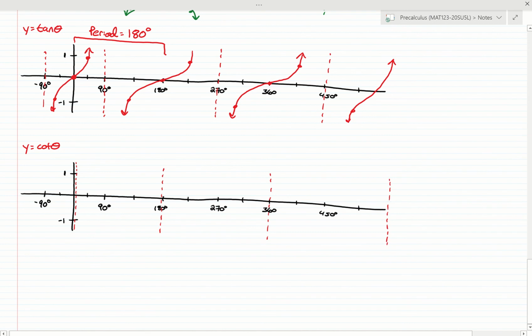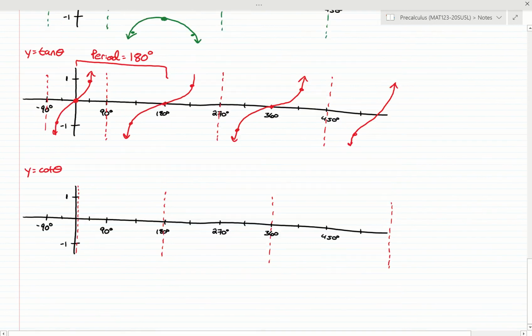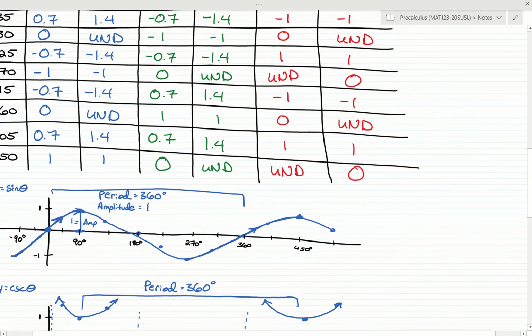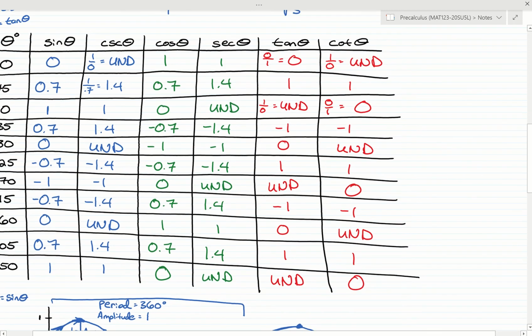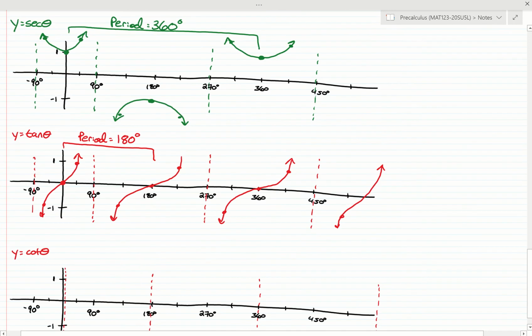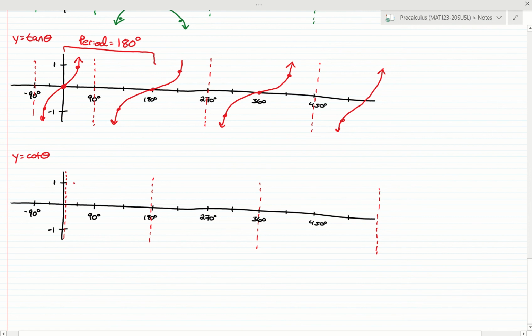Something like that. And if you remember with cotangent, let's go back to our table. The table for cotangent went 1, 0, negative 1, so it was almost like reverse. So 1, 0, negative 1.